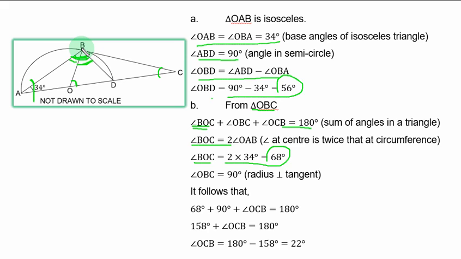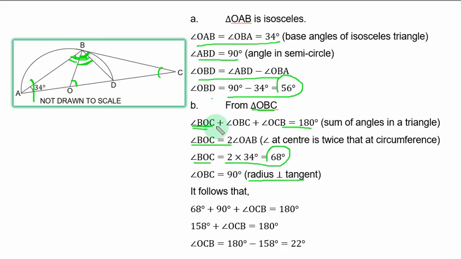Now BC is a tangent, so the whole of this angle, because OB is a radius, when a radius and a tangent come in contact, the angle formed is 90 degrees. So the whole of this angle is 90 degrees, radius perpendicular to a tangent.